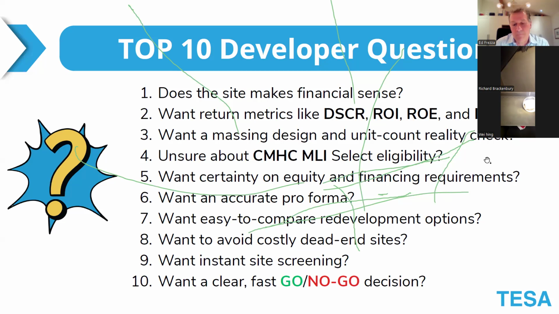So one of the factors that one has to be aware of is CMHC MLI Select has this requirement that the borrower has to have a net worth equal to or greater than 25% of the project cost. So again, going back to that hypothetical example where we've got a $1 million parcel of land, we're going to spend about $2 million in hard and soft costs for a hypothetical $3 million project cost. 25% of that would be 750 grand.